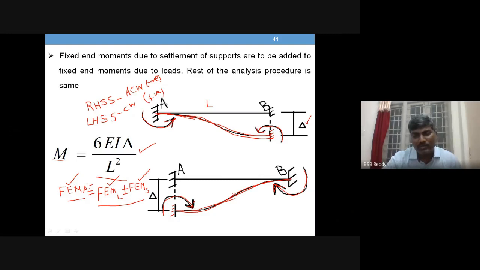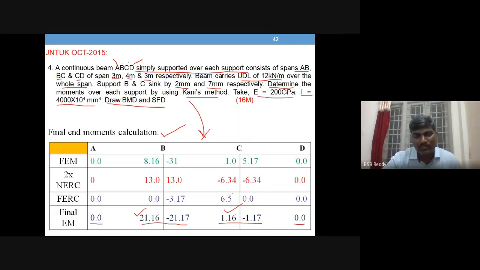Then steps 2, 3 and 4 are all very similar. Your solution shall match with this.